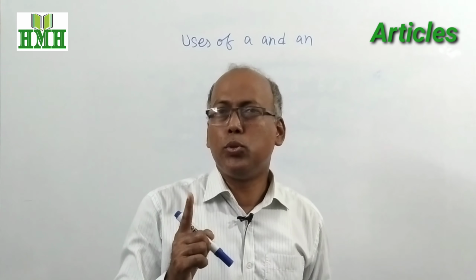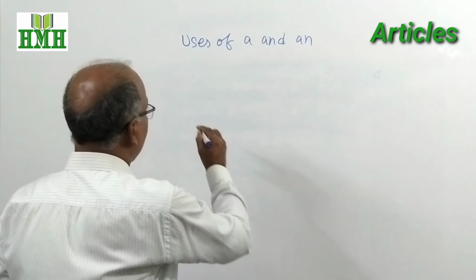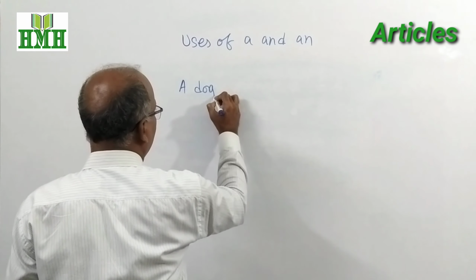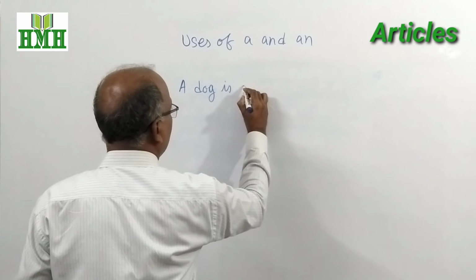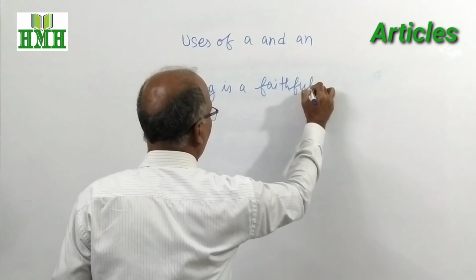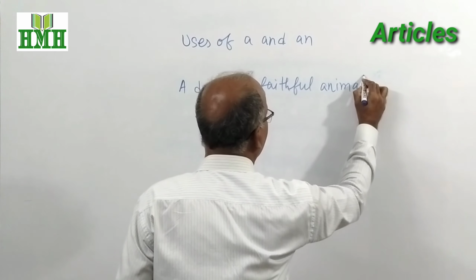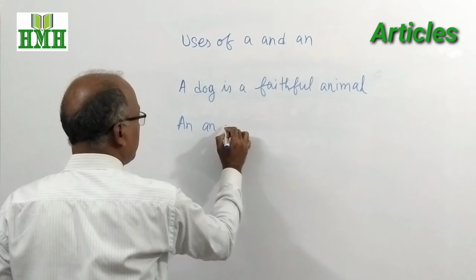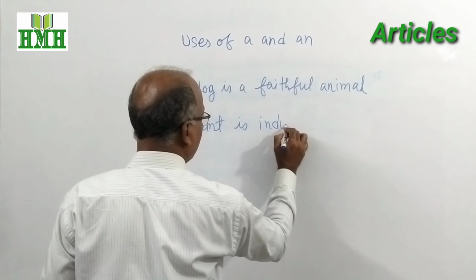A or an is used before a singular common noun. Suppose a dog is a faithful animal. An ant is industrious.